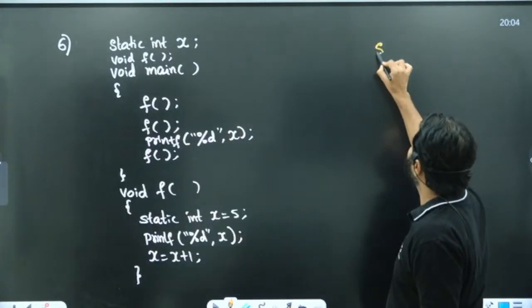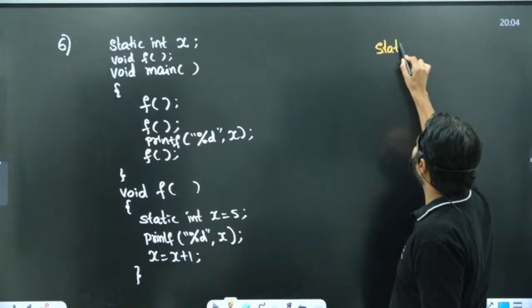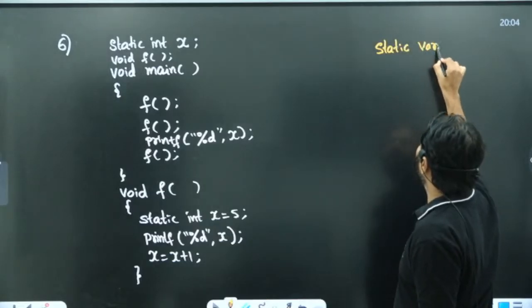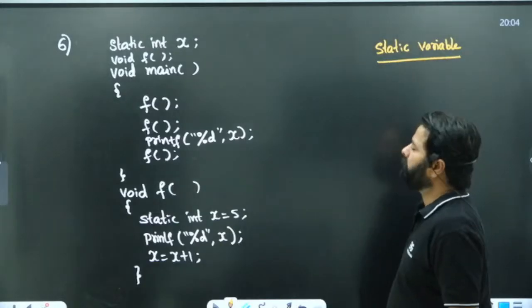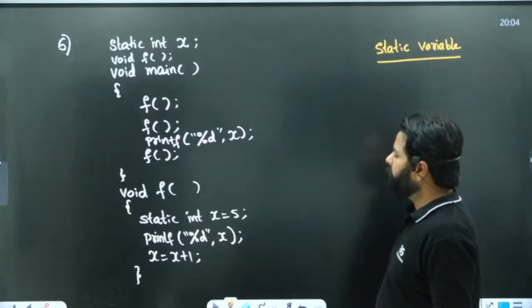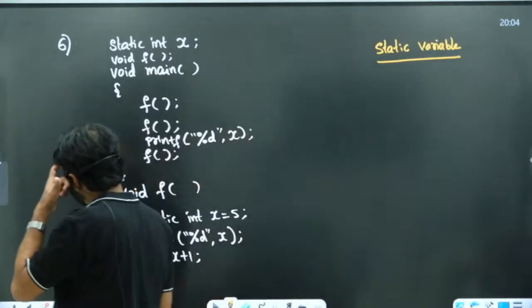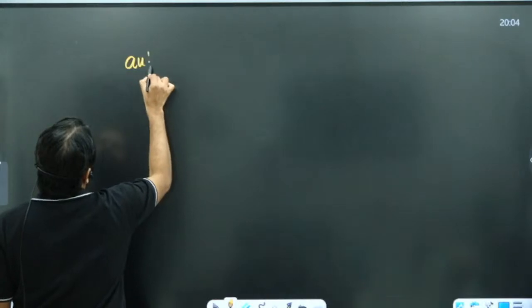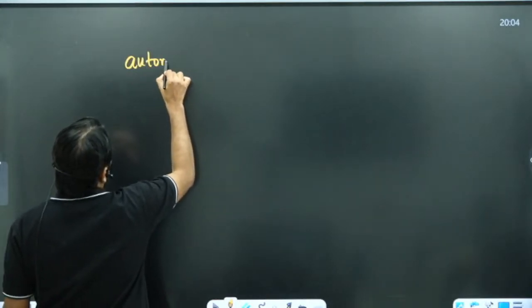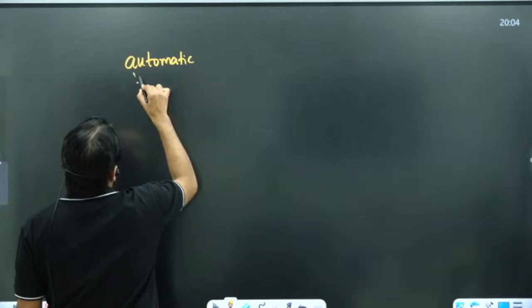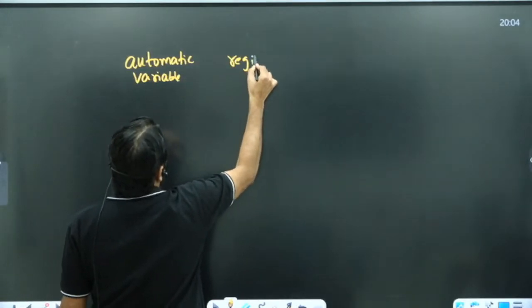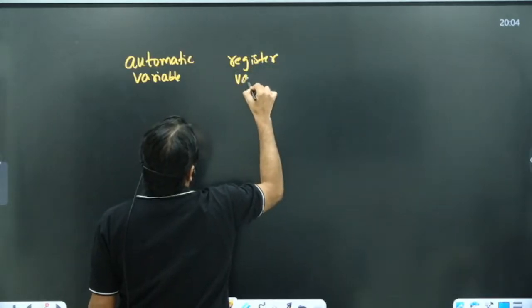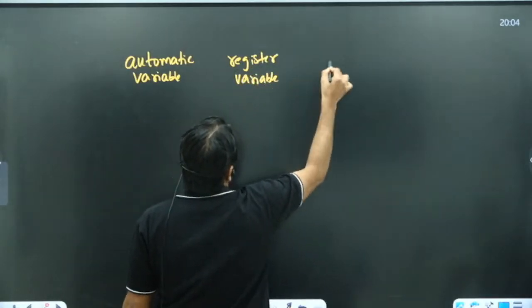What is the specialty of a static variable in C language? If you look at the previous variables, the automatic variable and register variable, and the static variable.